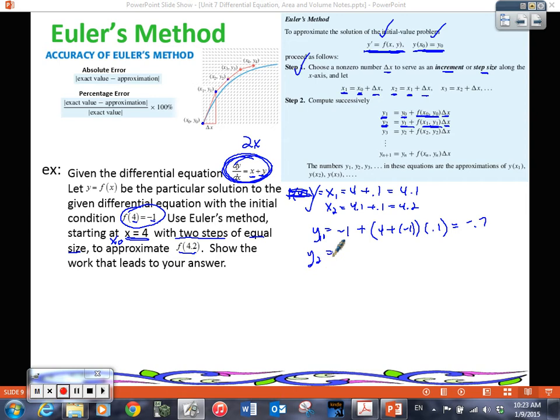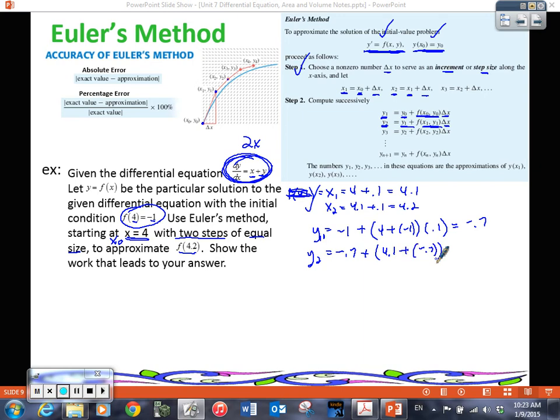So my y2, I'm going to take, again, my y1, the y that I just found, the -0.7, and I'm going to add to it. Now, which point am I going to put in my differential equation? x1, y1. I'm going to put the point that I found into my differential equation. And again, my differential equation is x plus y. That's why I'm doing x plus y. So my new x was 4.1, and my new y is -0.7.